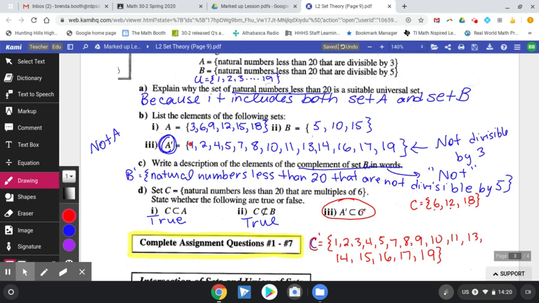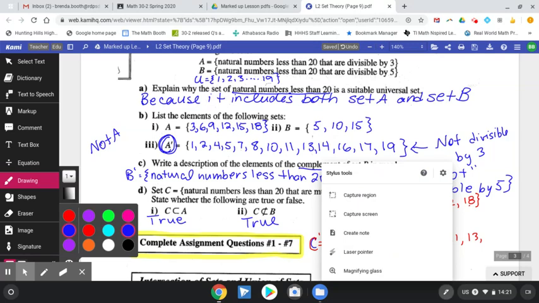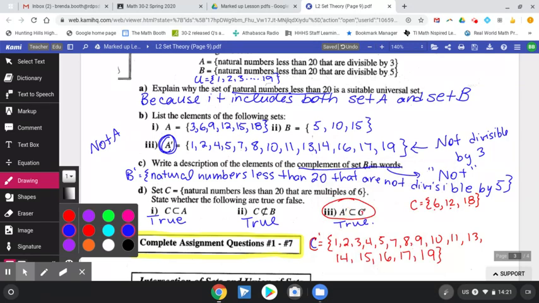So 1 is in there, 2 is there, 4 is there, 5 is in there, 7, 8, 10 is in there, 11's in there, 13 is there, 14 is there, 16 is there, 17 is there, 19 is there. So we have a true statement. So you notice the two sets are not exactly the same, but all of the elements from this set are in this set. And that's all that statement is saying.